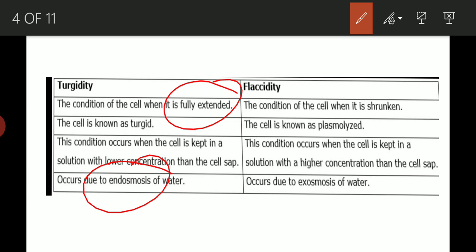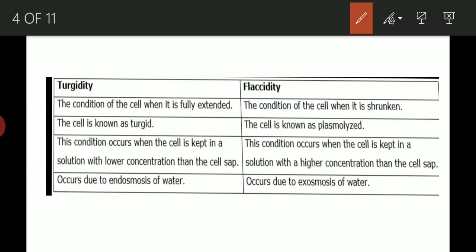And in case of flaccidity, the cell content will shrink. There will be shrinkage. Why? Because of exosmosis of the water, when it is kept in hypertonic solution, more and more water is coming out from the cell. So there will be exosmosis and there will be a shrinkage of the cell. Then we will call it flaccidity, or even we can say it is a plasmolysed cell. I am coming to this later on in this video.